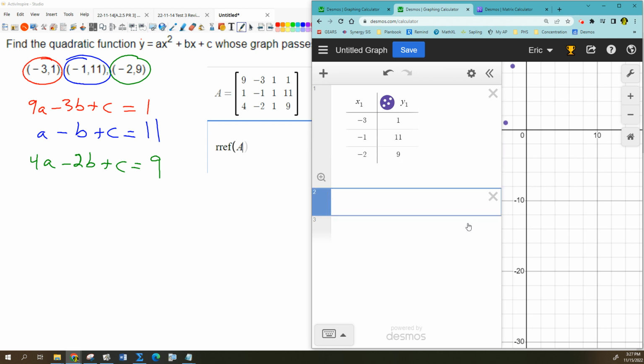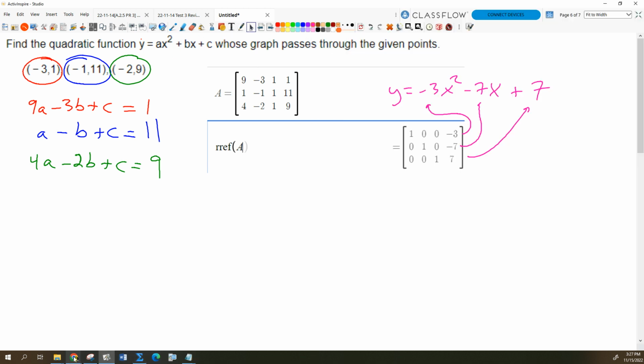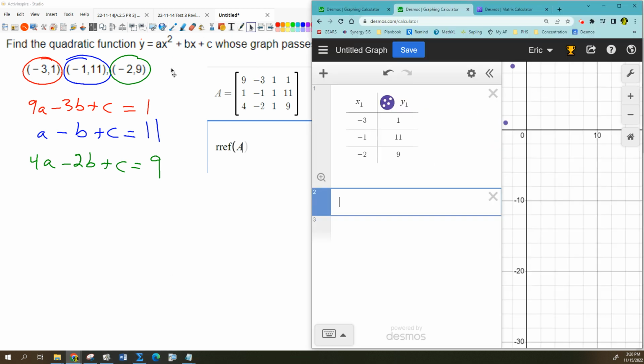So I could come down here and now I'm going to use regression, but instead of y1 tilde m x1 plus b, I'm using that setup, right? I'm going to use this function that I want to match.